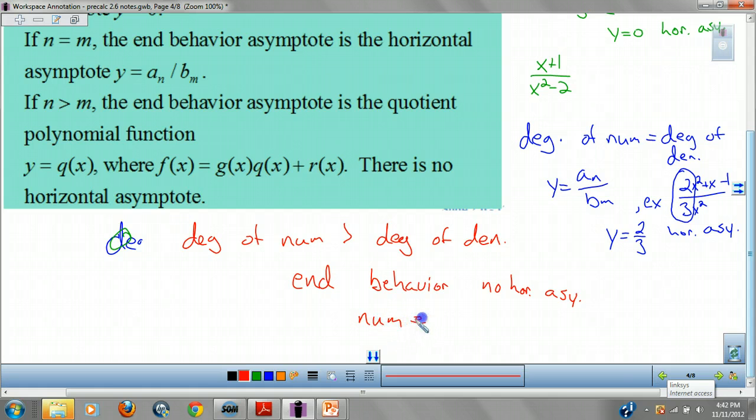Okay, and we'll see one like that, but there's no horizontal asymptote, so don't worry about that. Okay?